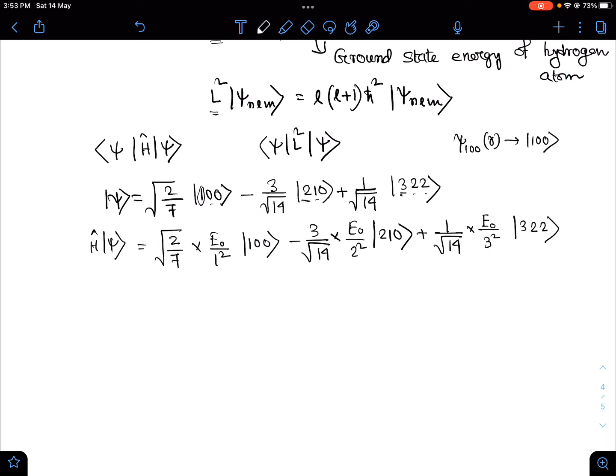Now let us calculate the expectation value of the Hamiltonian. What will be the result?